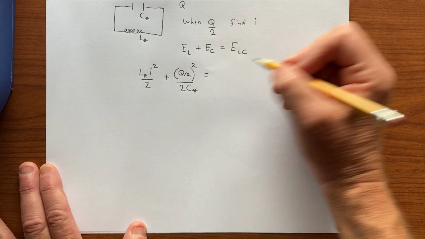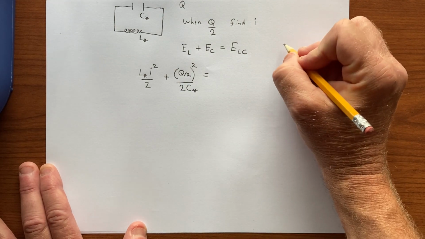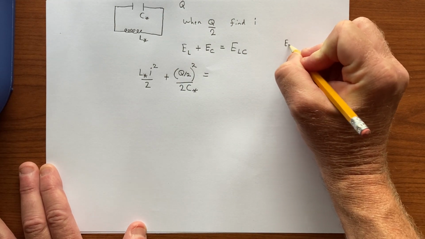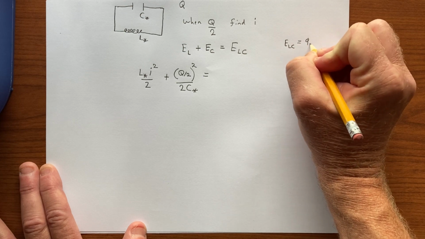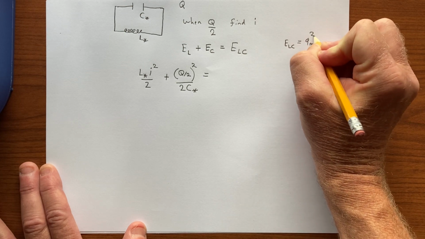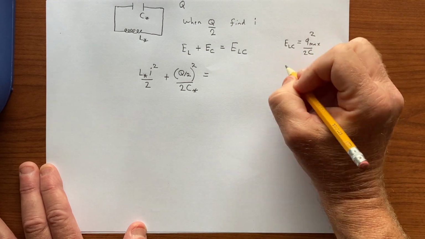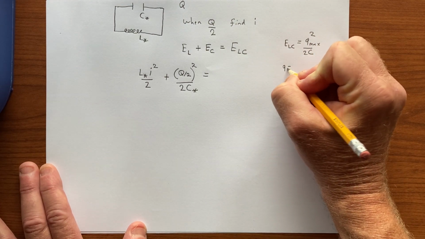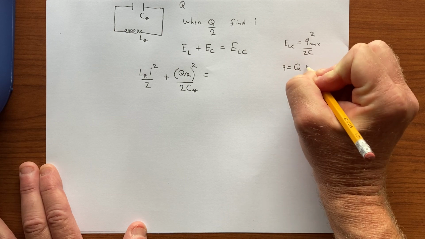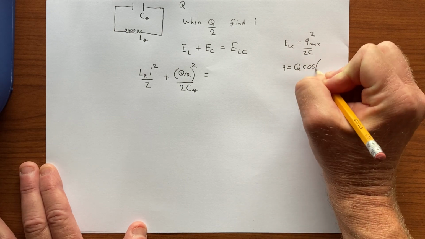Well, the total energy can be written in terms of the maximum charge. So, as we've seen before, if we know the maximum charge on the capacitor, and we know the capacitance, we can write the total energy in the LC circuit. But we know what the maximum charge is because the charge on the capacitor obeys this equation.